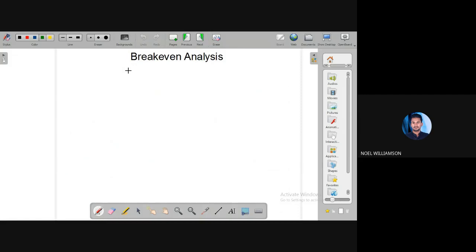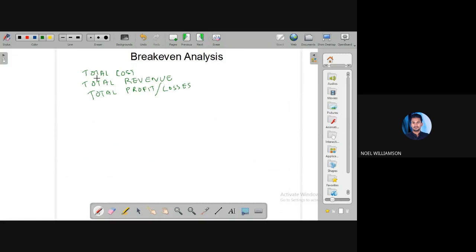This is actually a technique mainly used to study the relationship between total cost, total revenue, and total profits or losses over the whole range of the output.